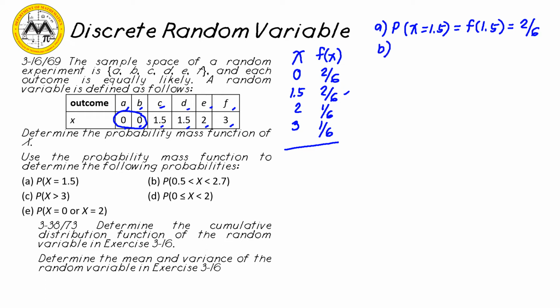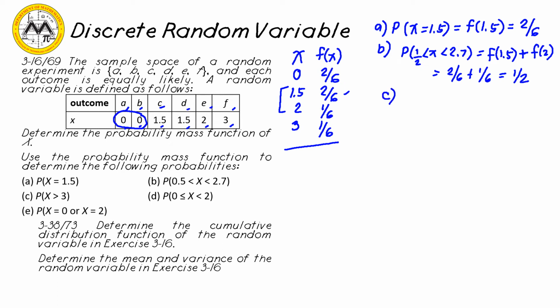Letter B. What is the probability that x takes values from 0.5 to 2.7? What is the value of x that falls between 0.5 and 2.7? So that would be f of 1.5 plus f of 2. So that would be 2 over 6 plus 1 over 6, and that is 1/2.